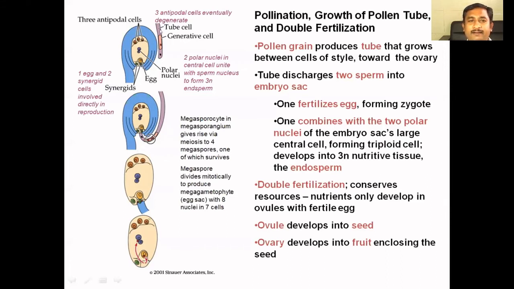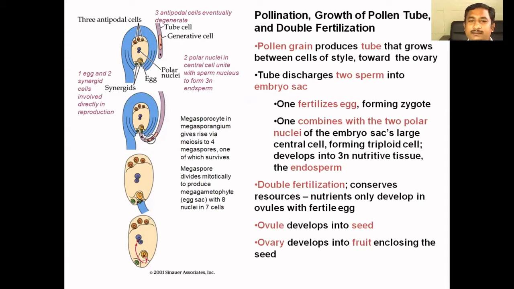When a pollen grain drops here, there is pollen tube development. The pollen tube has a tube cell and a generative cell. The generative cell divides, and the entire tube content is discharged inside the embryo sac.